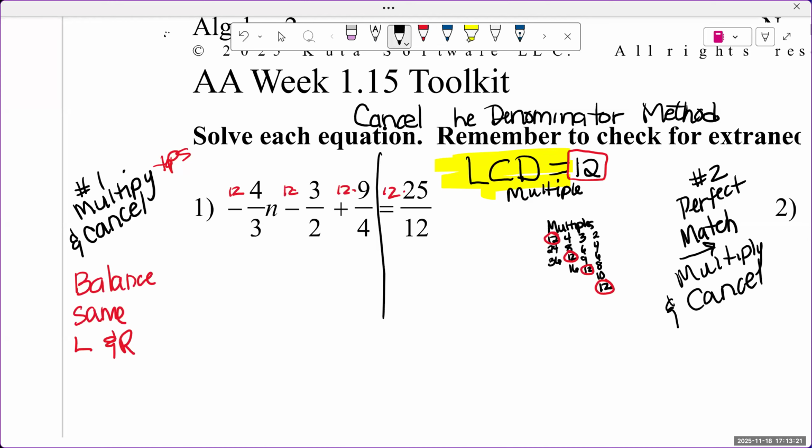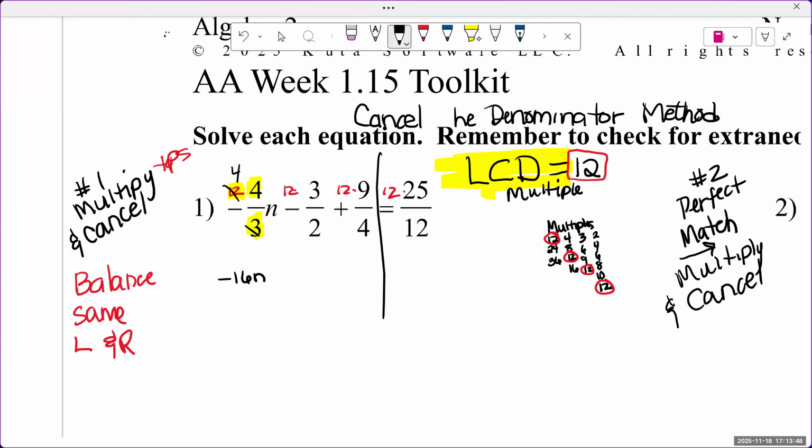Now, with your calculator, I need you to take 12 times 4, hit the equal sign, and divide by 3. Okay, or you could take 12 divided by 3 is 4, times 4, you should get negative 16n. Okay, either way. Let's do the next one.